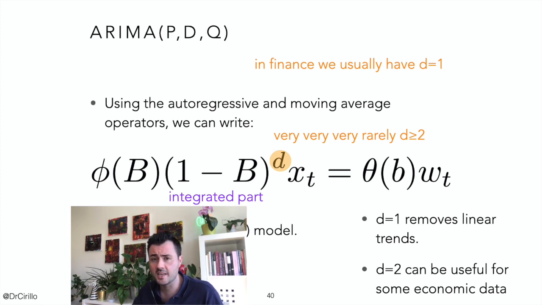And in any case, my suggestion is always to try to fit your trend, fit your season independently, and then rather play with an ARMA model instead of fitting directly an ARIMA model. I will show you in the application that we can actually perform both, so we can first fit the trend and then fit an ARMA model, or we can directly fit an ARIMA model with d equal to 1.